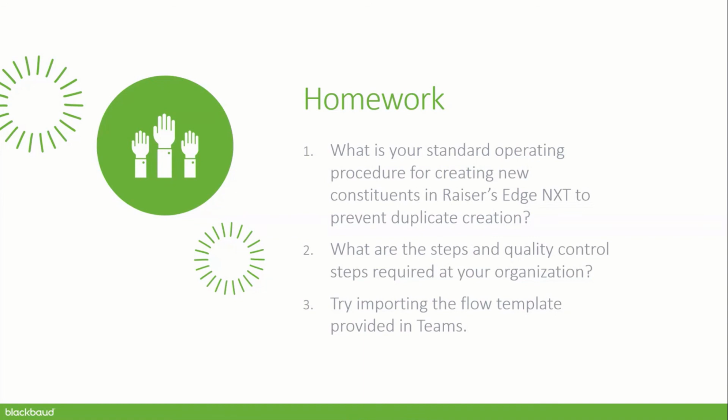Maybe they have duplicates. Maybe they don't reside in NXT. What are your standard operating procedures? What does that look like for your organization? How do you prevent duplicate detection? How and who do you let create records in the system? What are the fields and tags that have to be attached to that record?